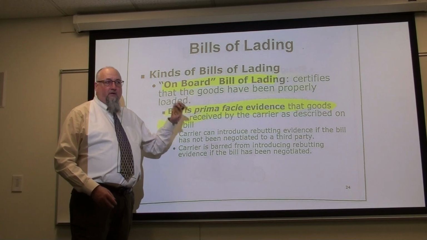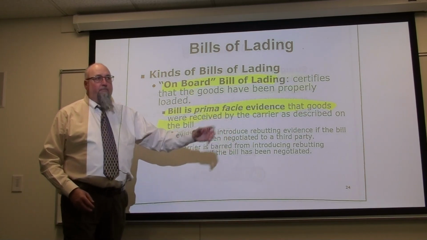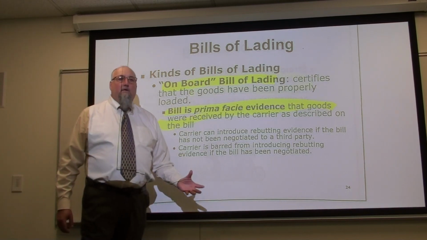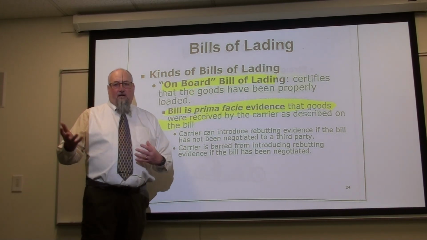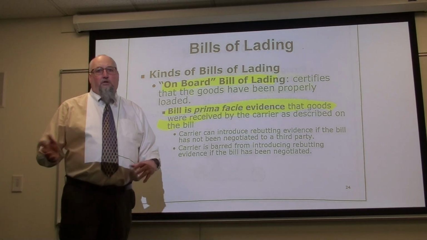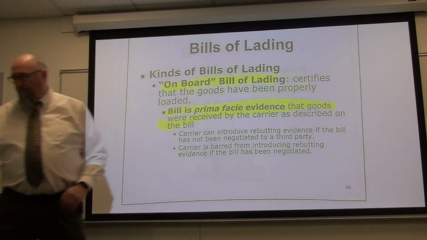So this is proof that the goods have been loaded perhaps onto a ship and properly stored, properly secured to the ship's deck, and they're ready to be transported. So that's called an onboard bill of lading, as opposed to an in-transit type bill of lading.